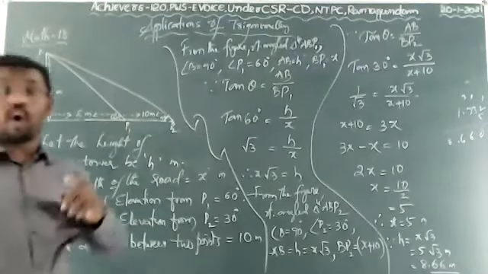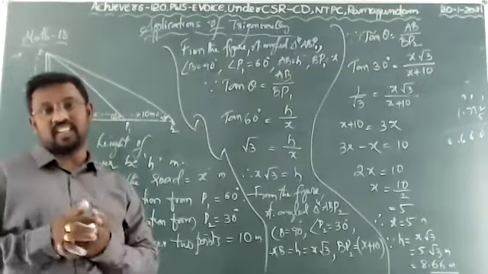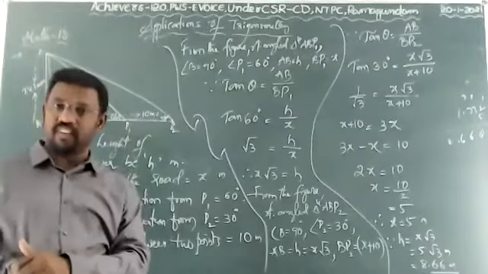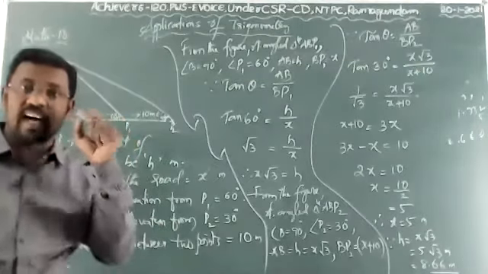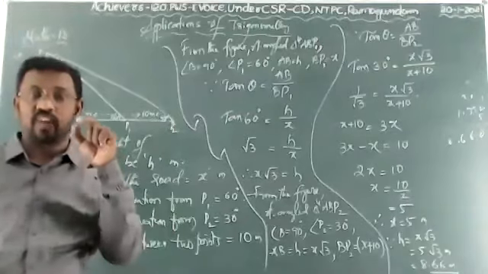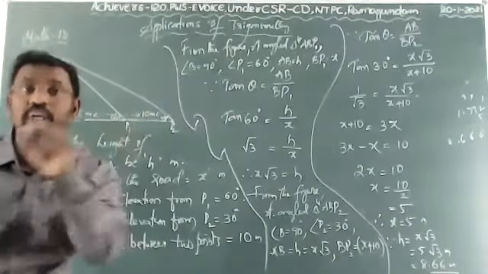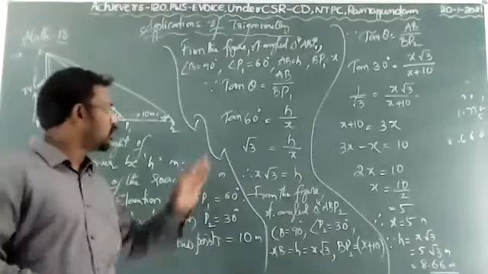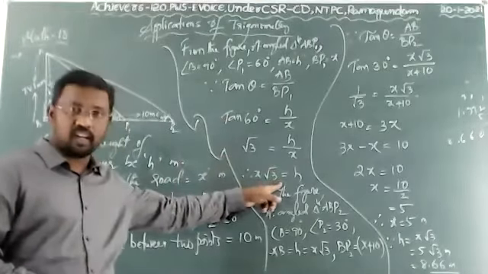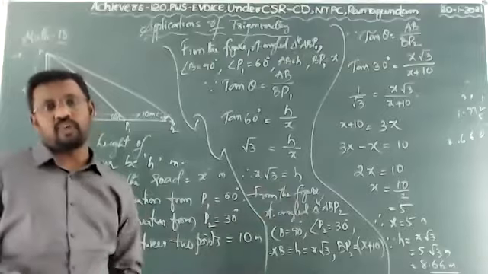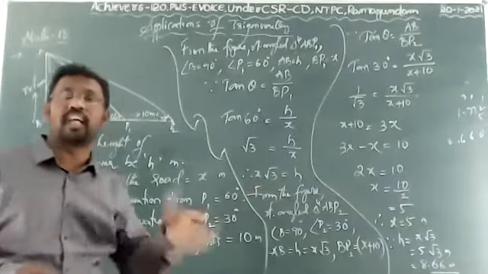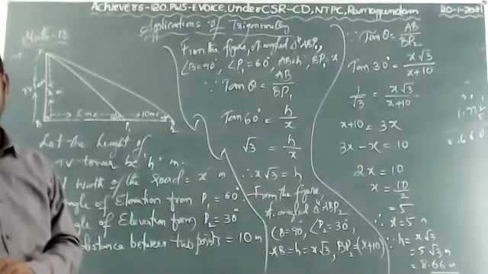What is common? You have to observe very carefully. If you understand what is common, you have to equalize it. From the first figure, that value you have to substitute in the second figure.